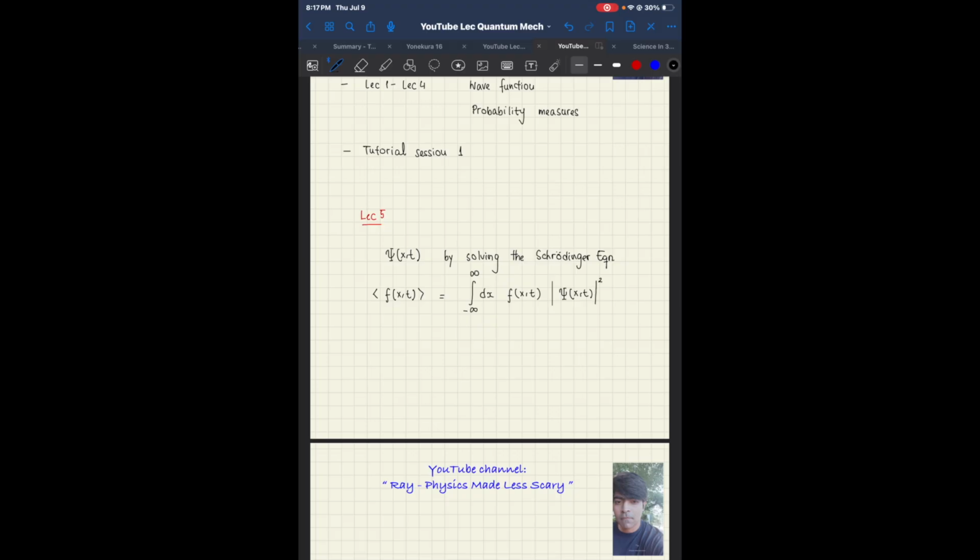And you need a mod here because, as I had explained, this is typically a complex function, actually.